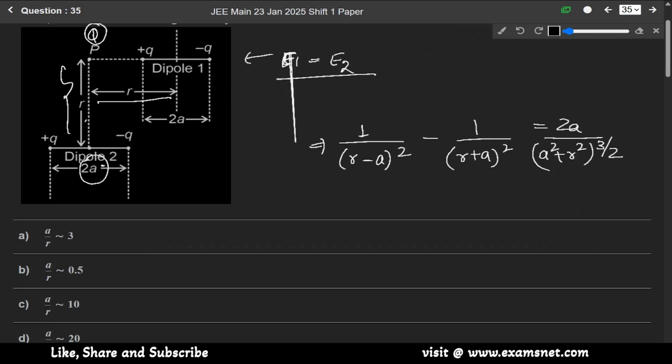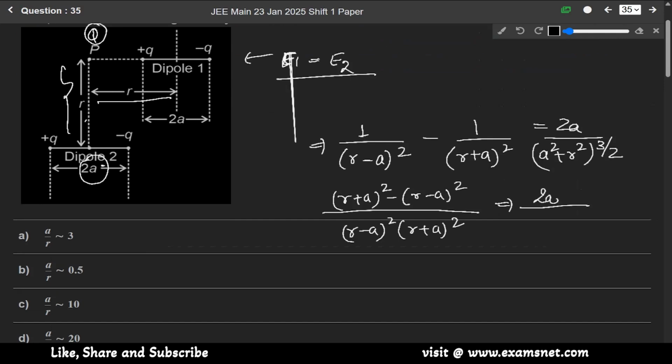When we take its LCM, we will get (r plus a) whole square minus (r minus a) whole square over (r minus a) whole square into (r plus a) whole square. It will be a square minus b square. It is equal to 2a over (a square plus r square) raised to the power 3 by 2.